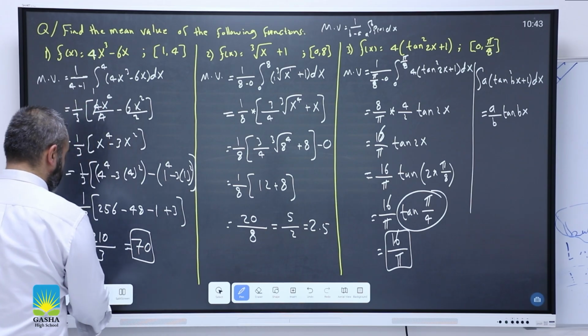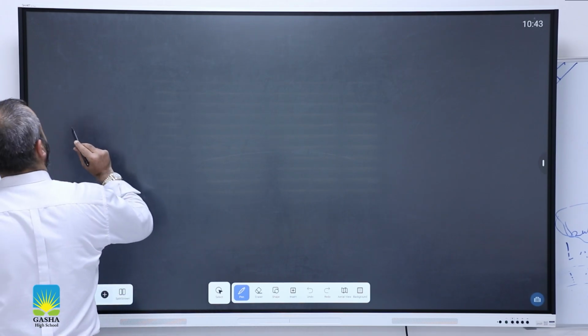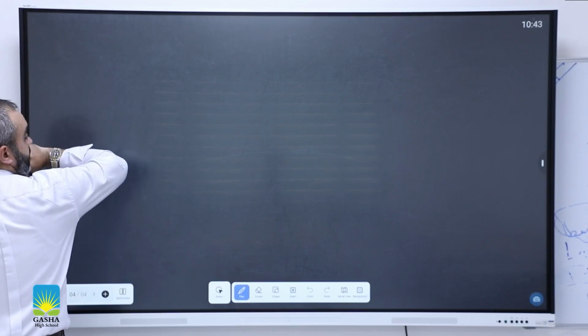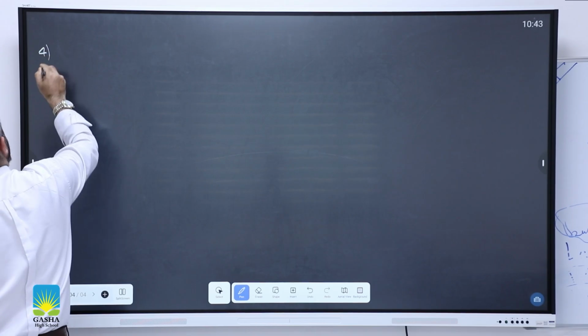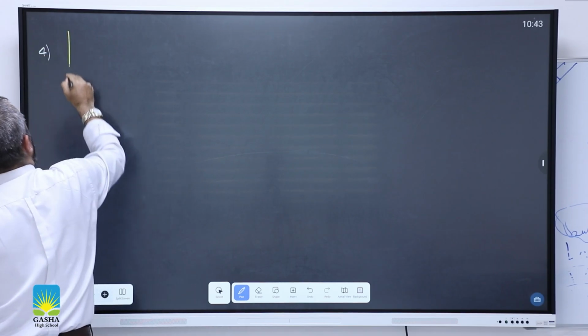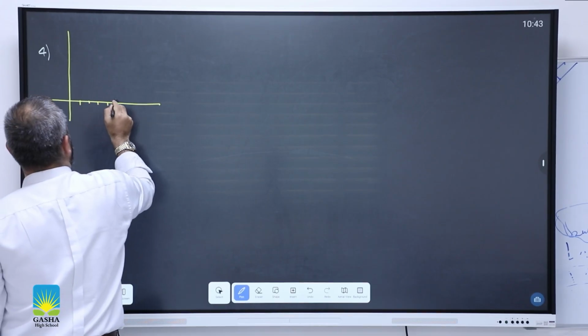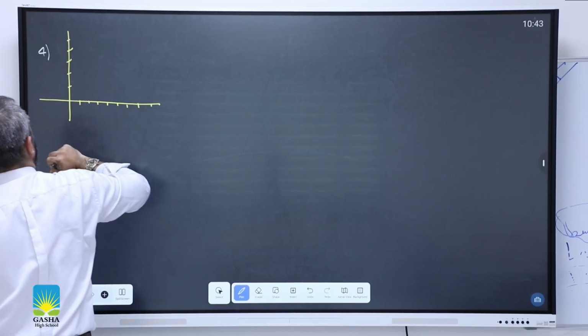Go to the next page. And we have another example. In the final example, we have the graph of f of x. We have the graph about f of x, with grid marks 1, 2, 3, 4, 5, 6, 7, 8 and 1, 2, 3, 4, 5.